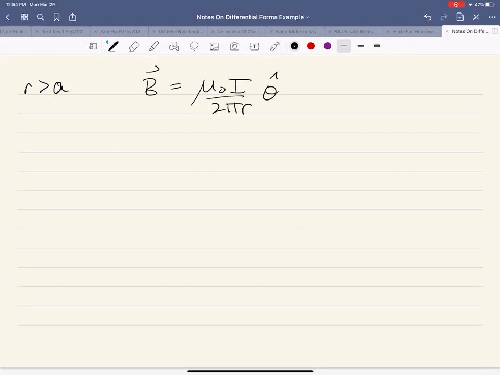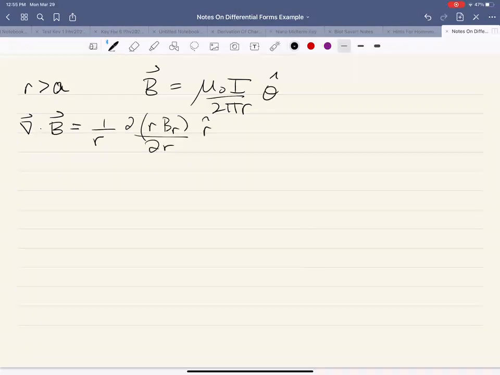Now, if we apply the divergence operator for cylindrical coordinates, we would have 1 upon r partial of r B_r with respect to r, plus 1 upon r partial of B theta with respect to theta, right?